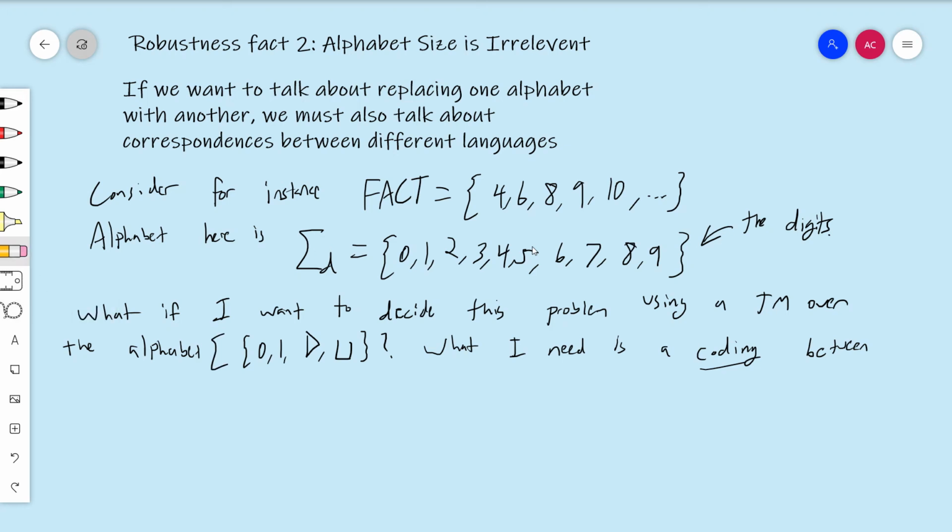Well, let's ignore the triangle and the blank for now. Let's just think about the binary alphabet. Sigma b equals 0 and 1. So I need a coding between not the languages themselves, but between the alphabet, sigma d and sigma b. D stands for decimal, B stands for binary.